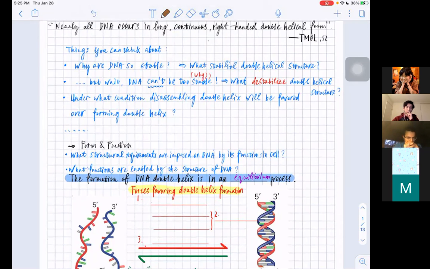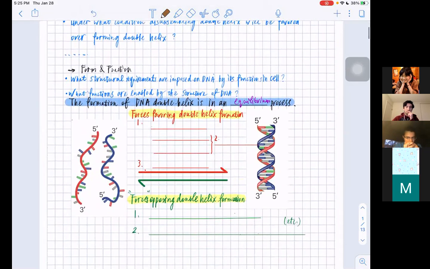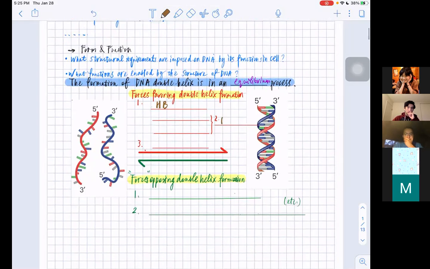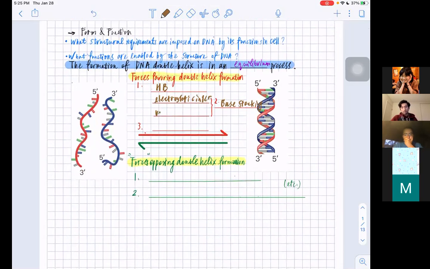From the bird's eye view, let's fill in the blanks together. For the forces favoring the double helix formation, we know there is hydrogen bonding. There's base stacking, which consists of electrostatic interaction and also van der Waals attractive force.